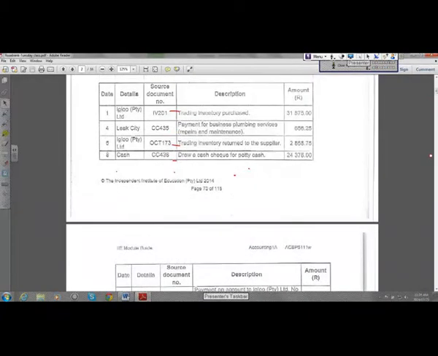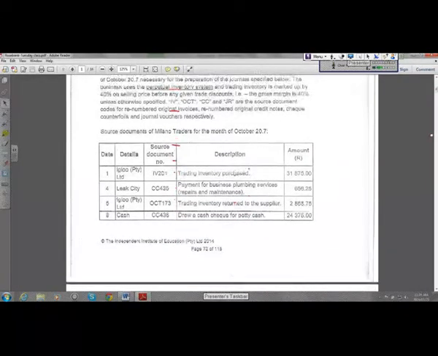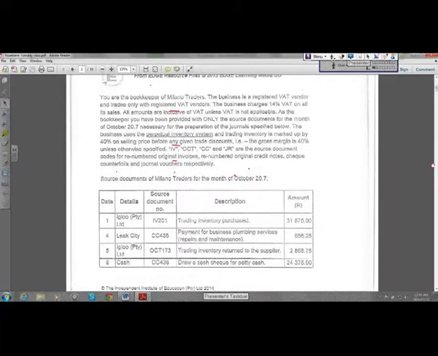All right, so they are telling us, here we go. That's exactly what we wanted. They're telling us that the inventory is marked up by 40% on the selling price.